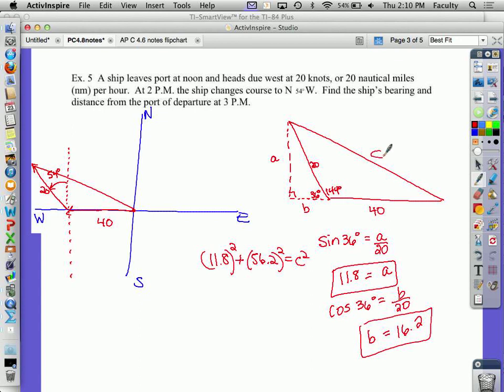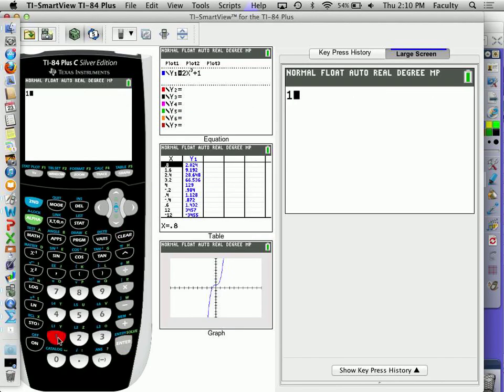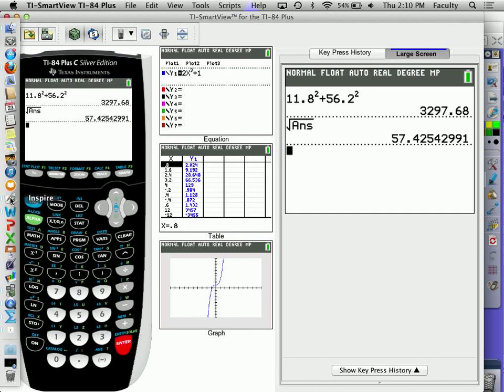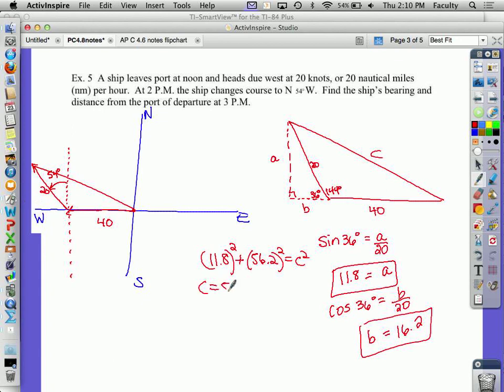And let's do Pythagorean theorem on it. And I'm getting about 57.4. Now that's how far you are from the port. So we're 57.4 nautical miles from port.